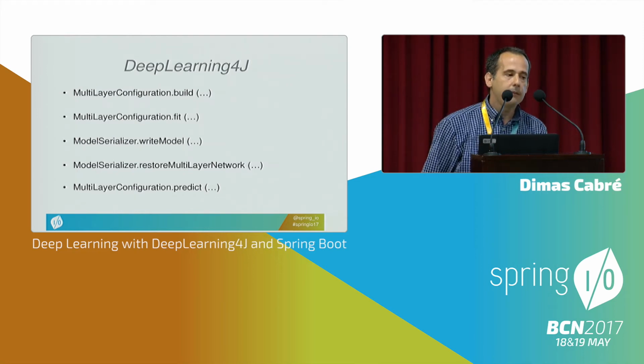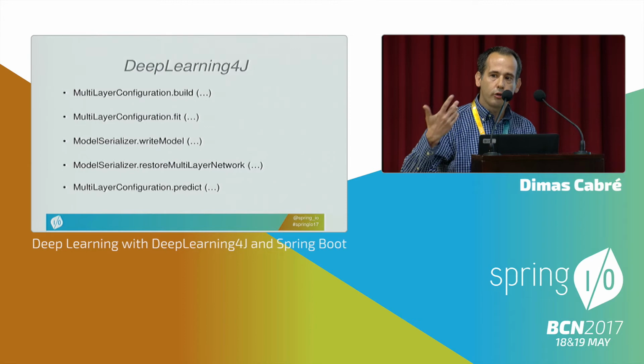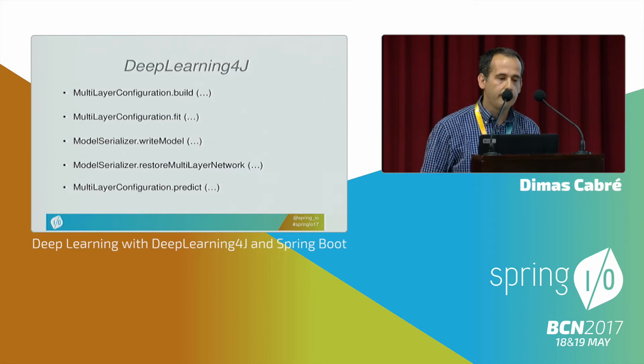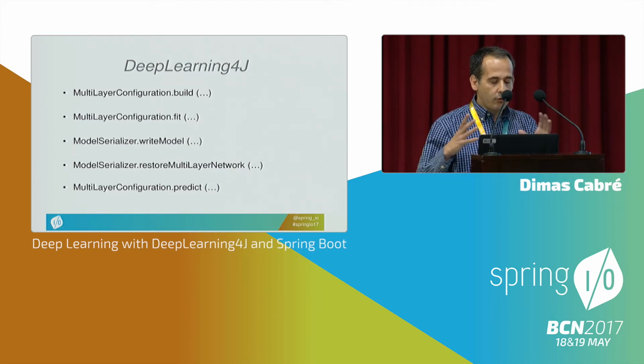What are the main methods you use if you want to get introduced to DeepLearning4J? Basically, when you work with a neural network, you do four kinds of activities. The first is modeling your neural network.